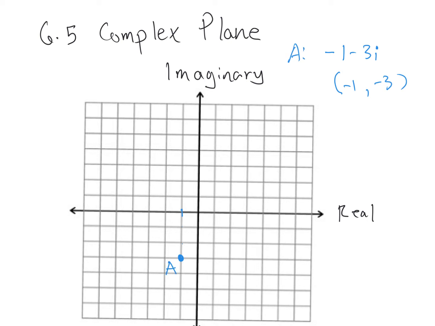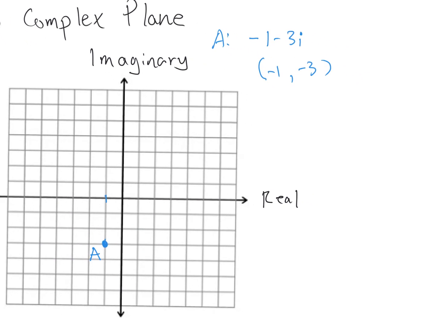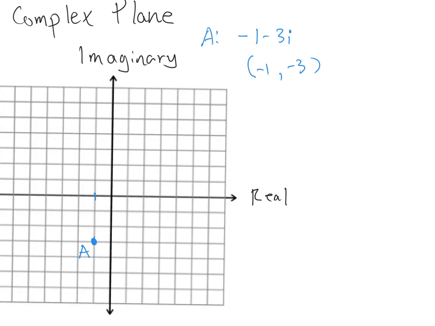If I call this one A, this is A. And if I wanted to know the absolute value of A, that would be equivalent to this distance. So then all I have to do is find the distance. So the absolute value of A, the absolute value of the combined imaginary and real numbers, we want to put it into the distance formula.